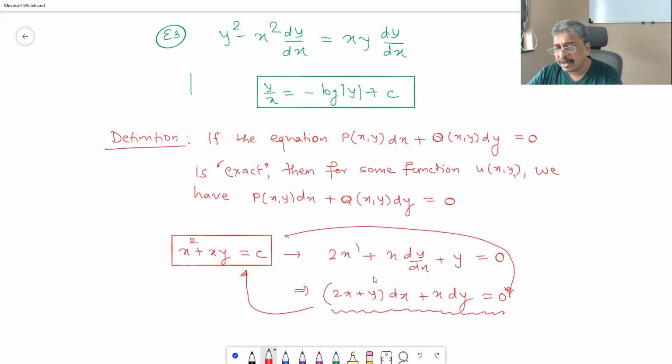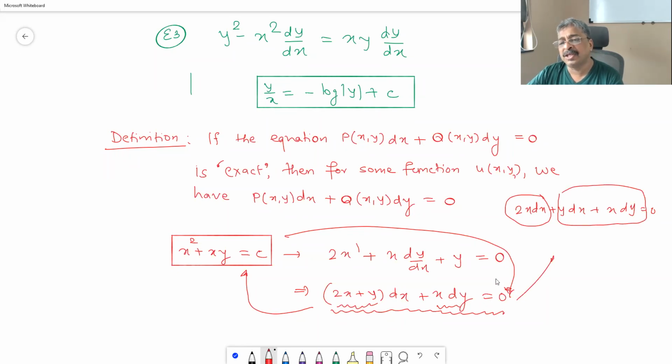Can we cross check by looking at these coefficients, and then when you start thinking in that direction, you will start getting an idea. And maybe the first thing that you should do is you separate them: 2x dx plus y dx plus x dy is equal to 0. And then try to do something. Normally 2x dx is going to give the first term, and these two will get combined with each other.